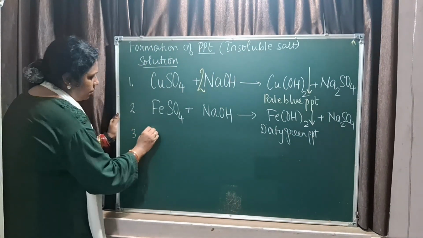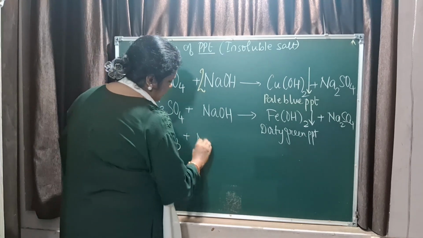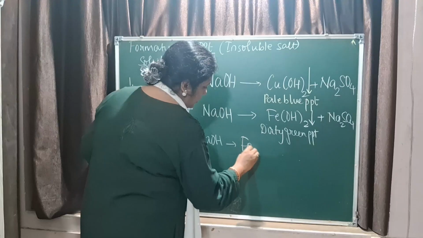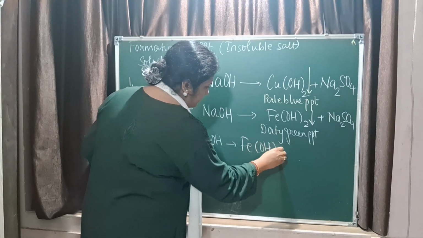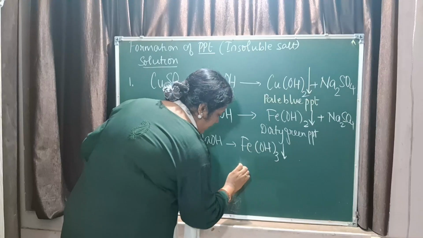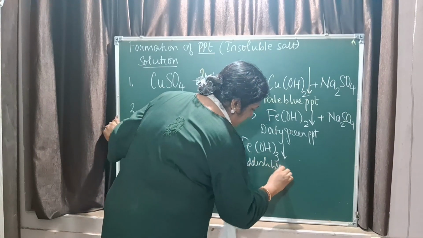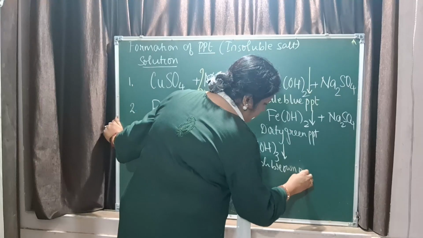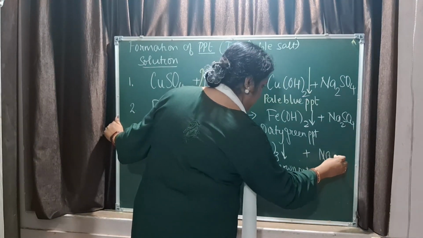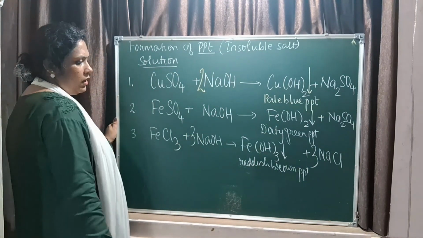Similarly, you talk about FeCl3 plus NaOH, it will give you ferric hydroxide, it will be a precipitate, it will be reddish brown precipitate, plus NaCl, okay.